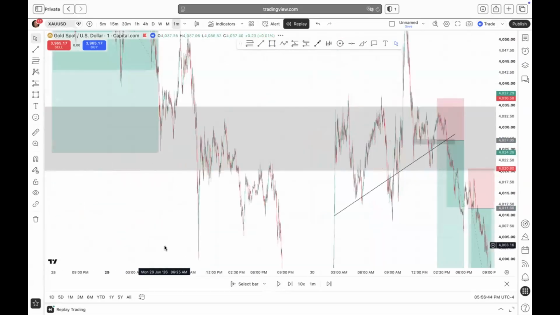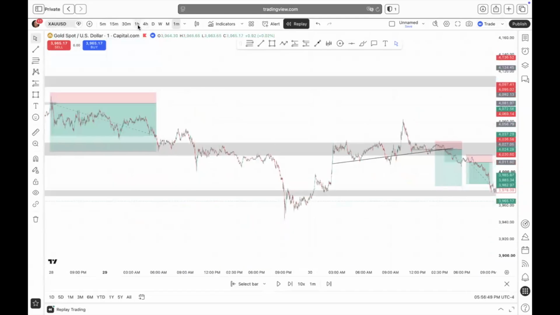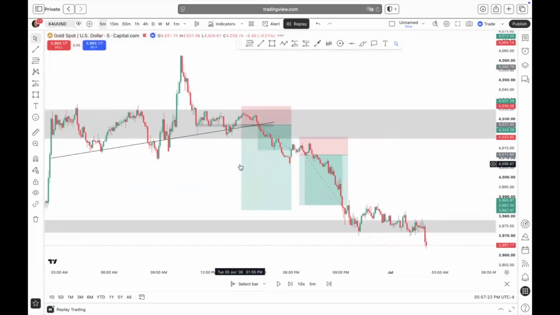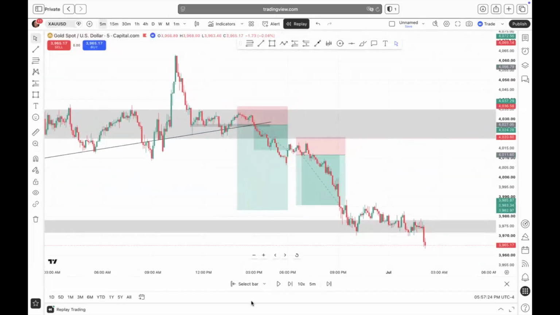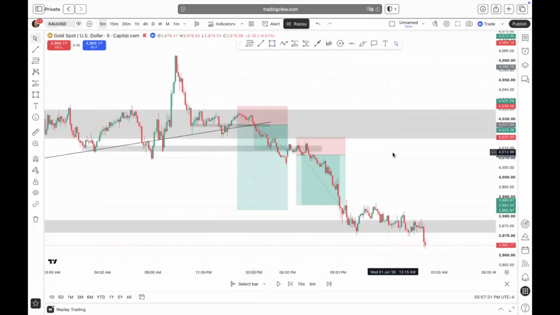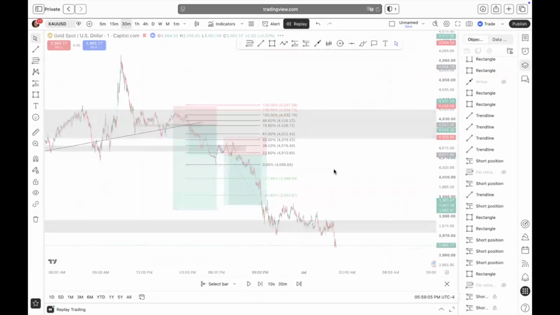And I knew that we were continuing with the momentum because we had a lot of bearish momentum from the top. So I got in here and then I got in again down here. So this was another break that I saw. Another break right here. I saw that, got in, and then had those two trades running down to the TP.